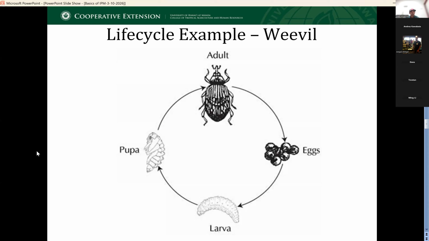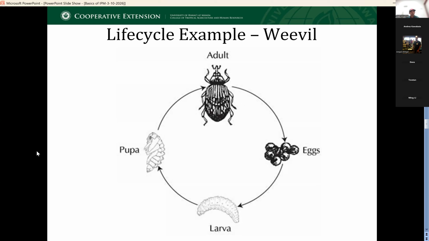I'll give you another example. I grow dry beans and I have a big issue with weevil. When you have the beans in storage, the weevils start coming out from the seeds. Some people fumigate the seeds. By fumigating the seeds, you are killing the eggs, stopping them from developing. But that's not the issue. The issue happens when the weevil climbs on the plant and lays eggs in the flower when the plants are just flowering.